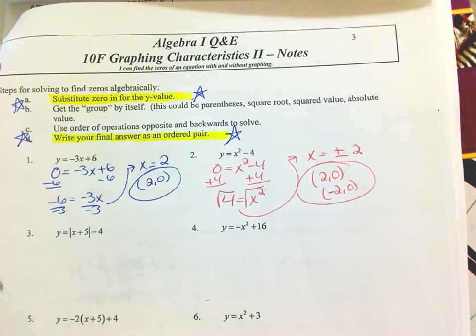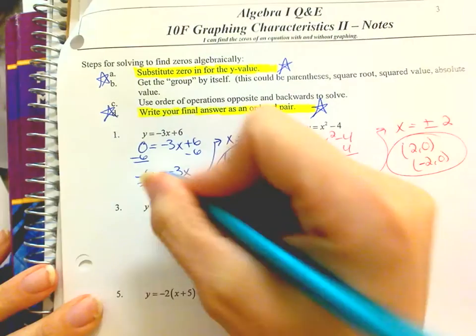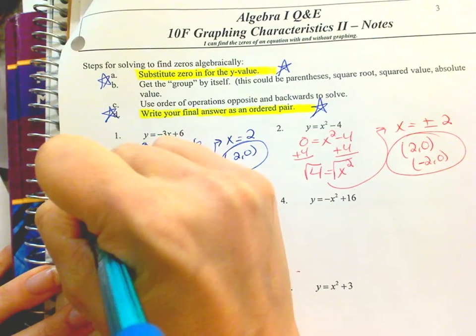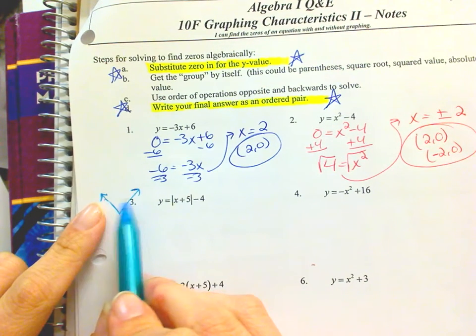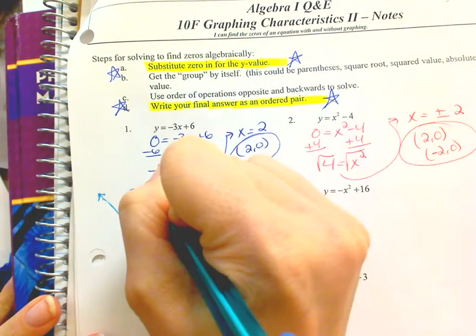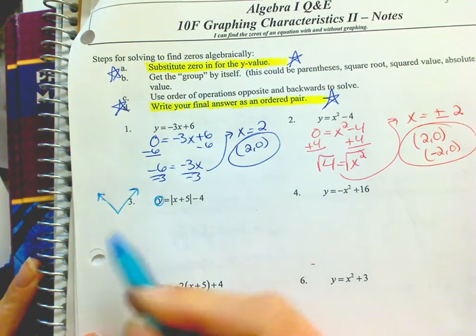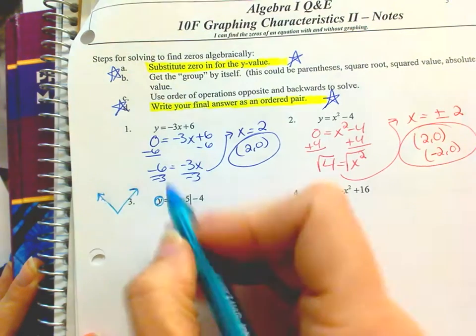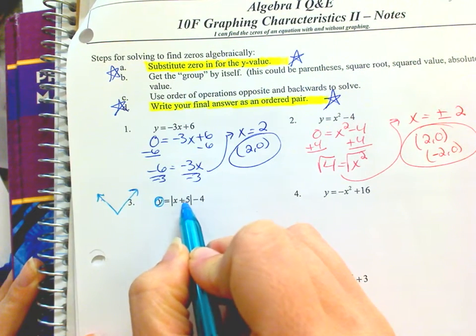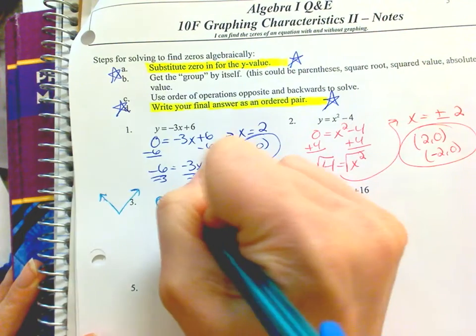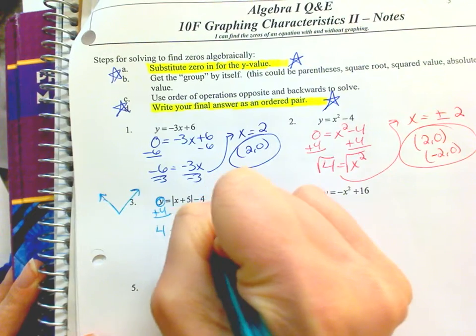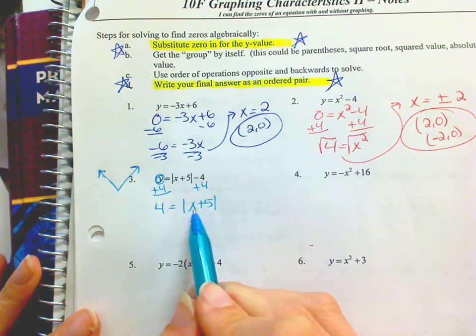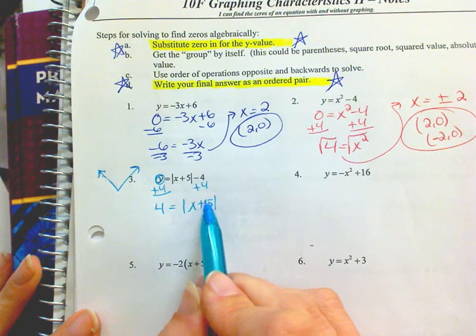Number 3, it's an absolute value, so that would be a v-graph. And depending on where your vertex is, this will probably cross the x-axis twice because you have a left and a right side of the v. So you can replace the y with a 0. I know lots of you guys just like to do that, so I'll do it too. And then you want to get the group by itself. The group is the actual absolute value brackets. So add 4. We've got 4 equals the absolute value of x plus 5. So this x plus 5 is representing something.